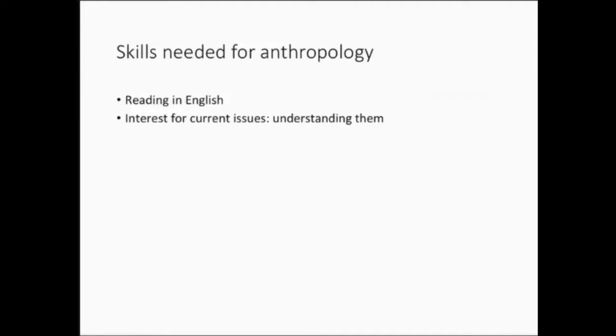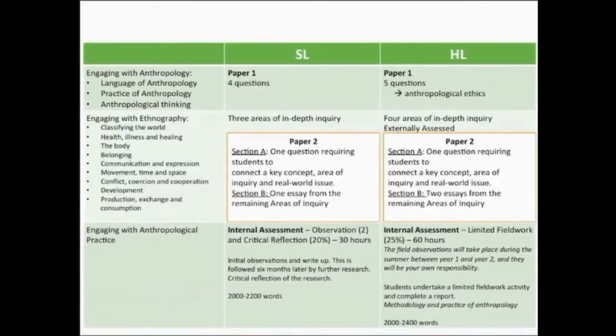The whole course has two versions, SL and HL. Miss Liliana will tell you about SL, and I will talk about HL. In standard level, the program is the same in the sense that in both programs we do good anthropology.